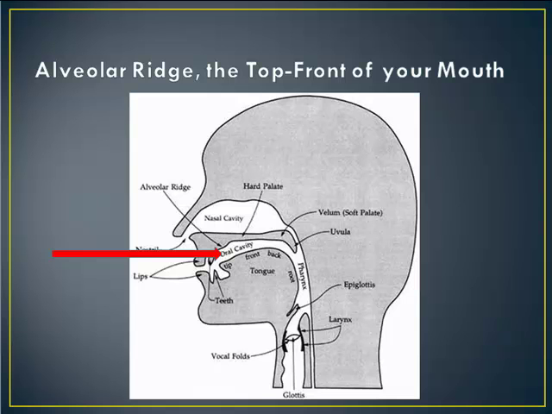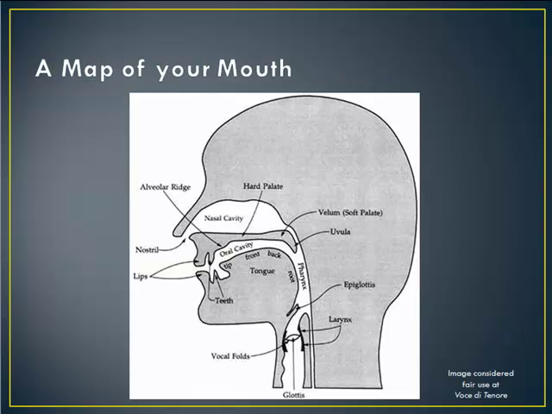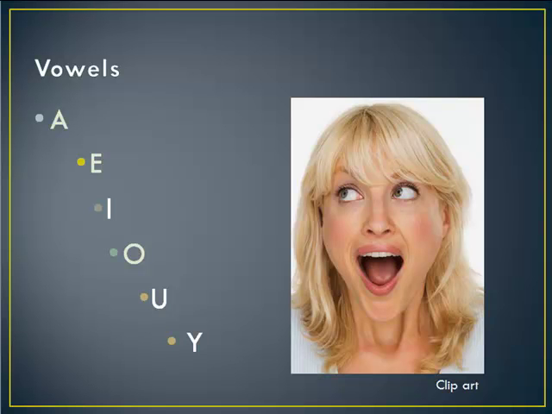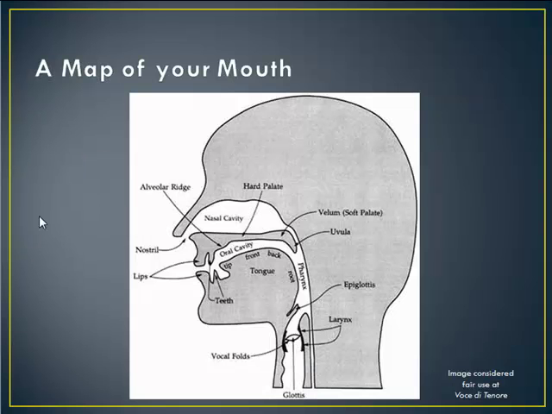All right, that concludes this lesson. You now know the two places in your head from which air can escape, and you know that if it comes through without being blocked, then we have a vowel, and if it comes through with being blocked, then we have a consonant.